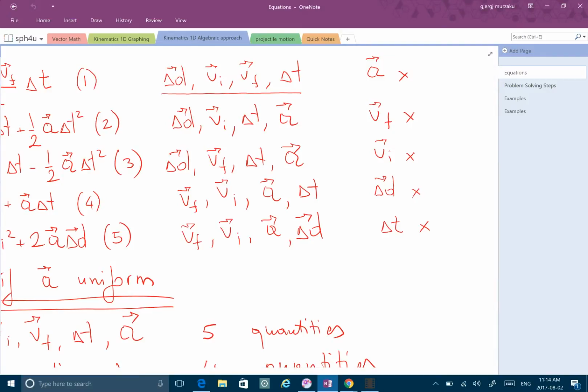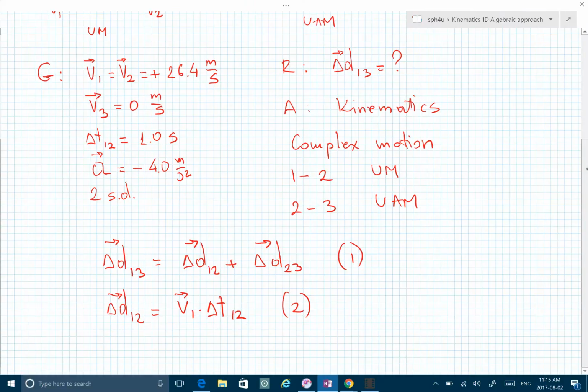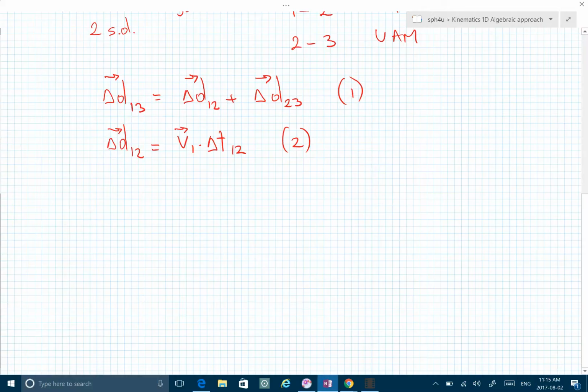I'm going to go back to our question now. If you notice here, we know initial velocity, we know final velocity, and we know acceleration. So we do know three things, and we're good to go. The equation that we choose is v final squared, or let's put it v3 squared, equals v2 squared plus 2 times the acceleration times the displacement from 2 to 3.